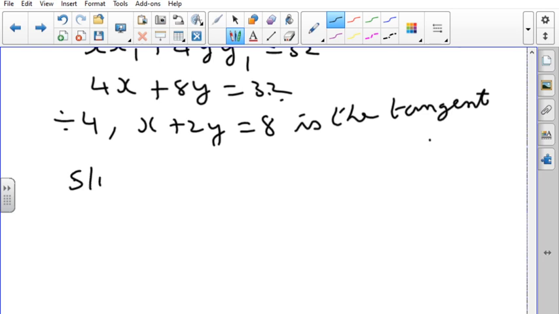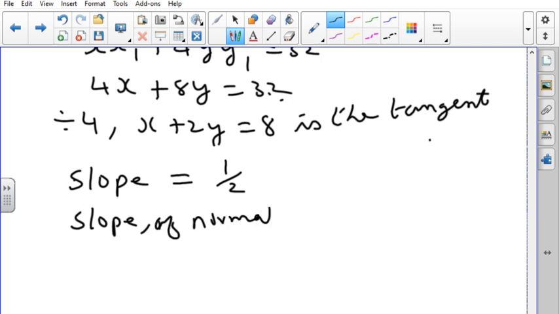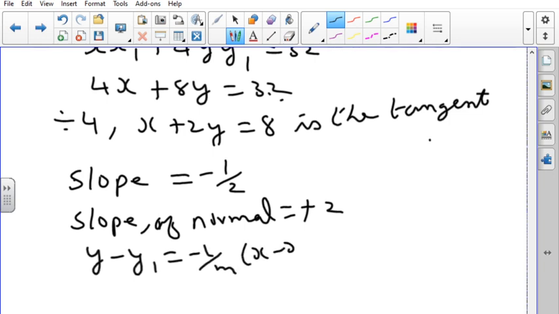We know that the slope of the normal is perpendicular to the tangent, so the slope of the normal is equal to minus 1 by m, which is plus 2. So we have y minus y1 is equal to minus 1 by m into x minus x1.